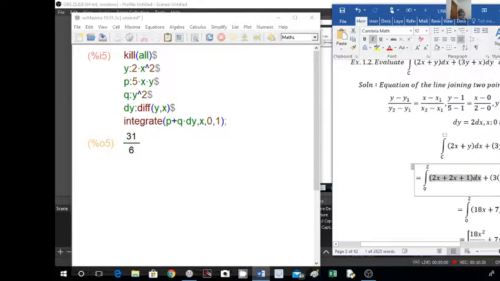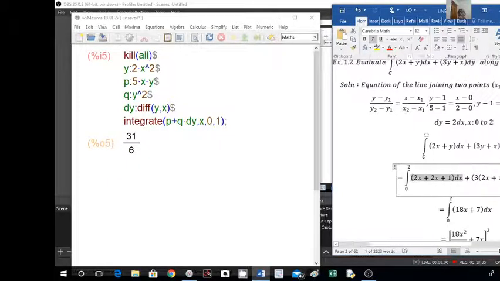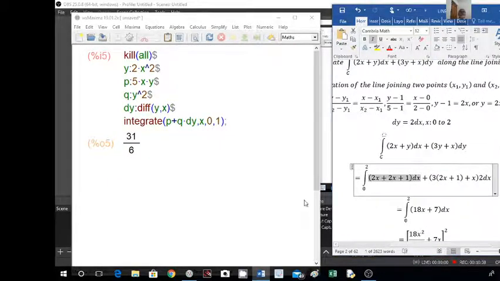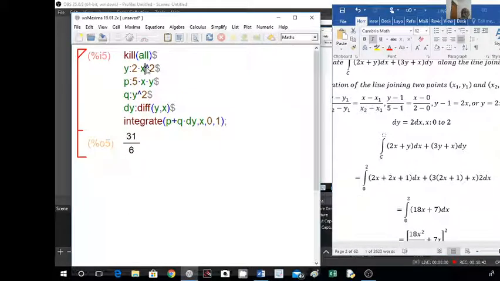First I will write y. What is y? y is equal to 2x plus 1. Okay, y is 2x plus 1.